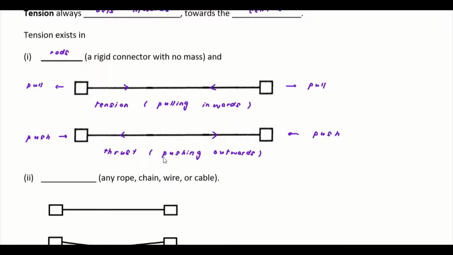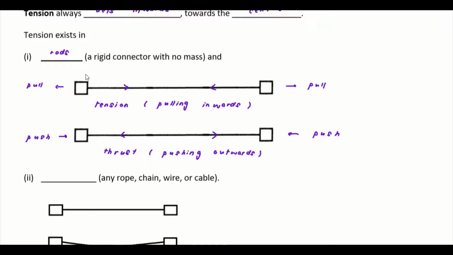But how about thrust? Something that you are pulling as well, but as it stops, if the car here stops, it will eventually create a push force towards the connector. So there's another push force from the trolley as well, and it forms the thrust. But for today's lesson, we are going to look at the tension part.